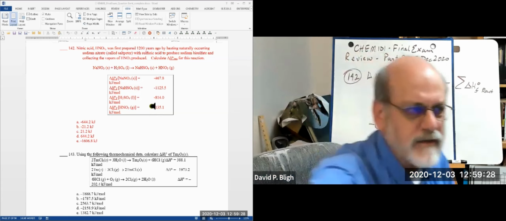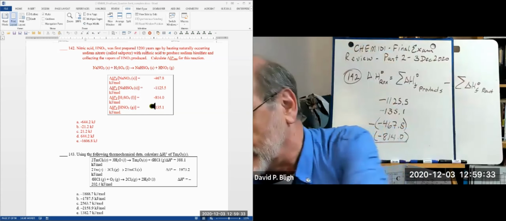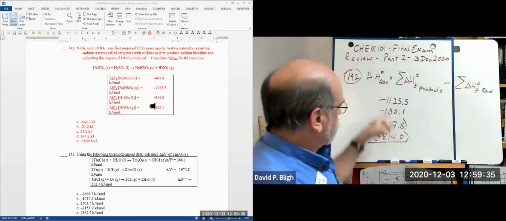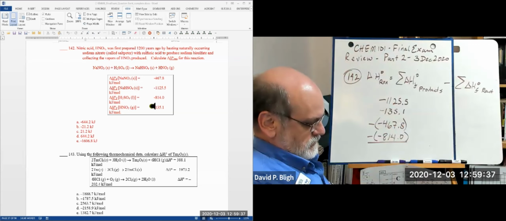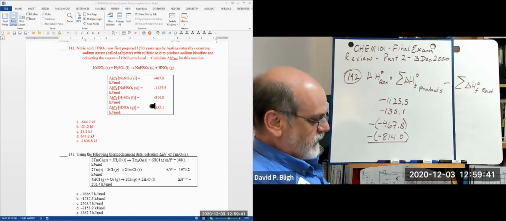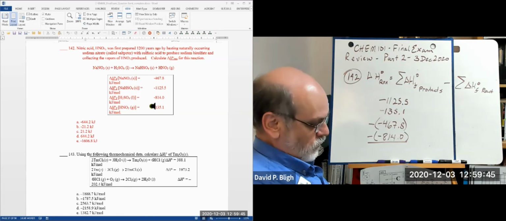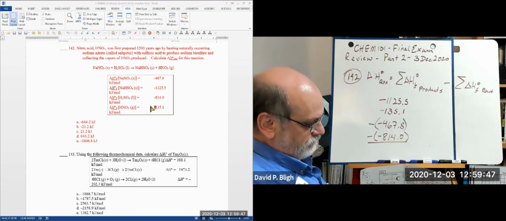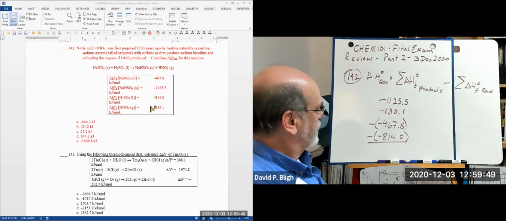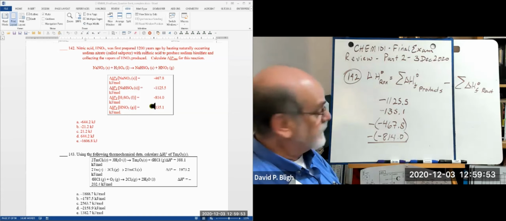And since I don't have the answer key for this one handy, we'll have to calculate it. So we take 1125.5 and 135.1. Okay, that's minus 1260.6.